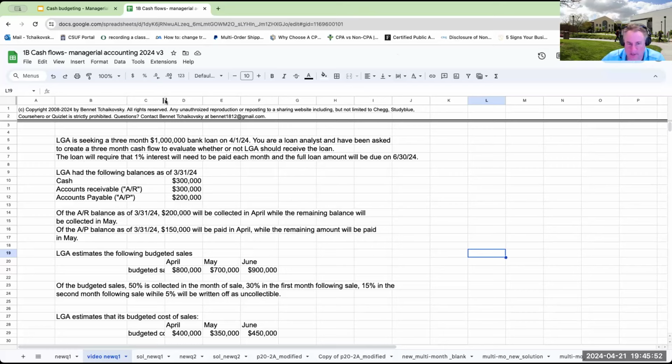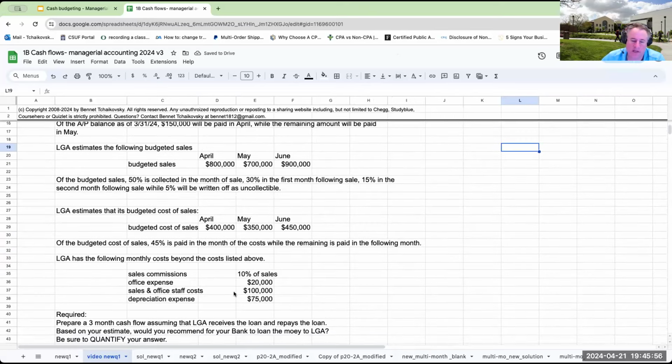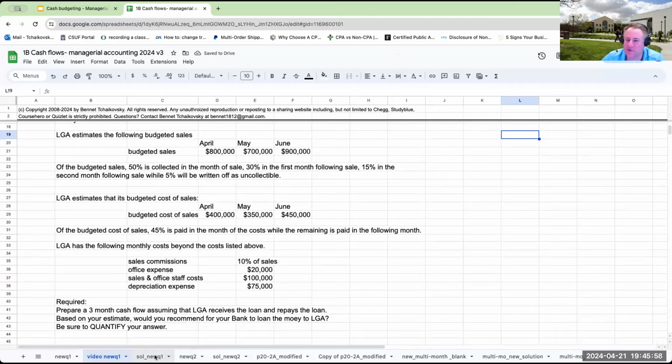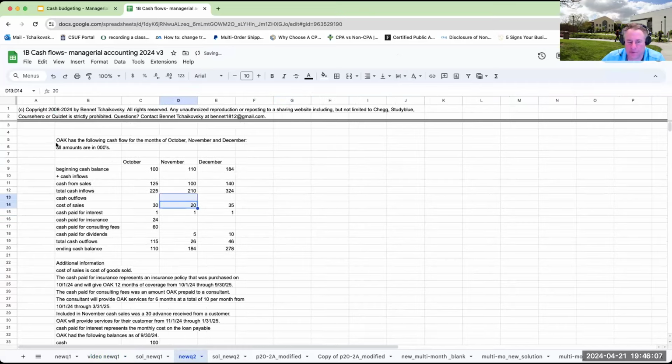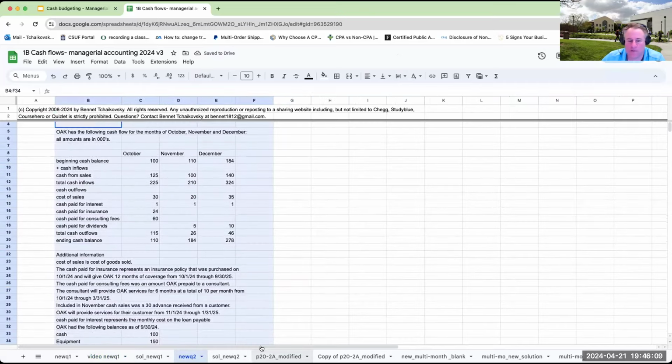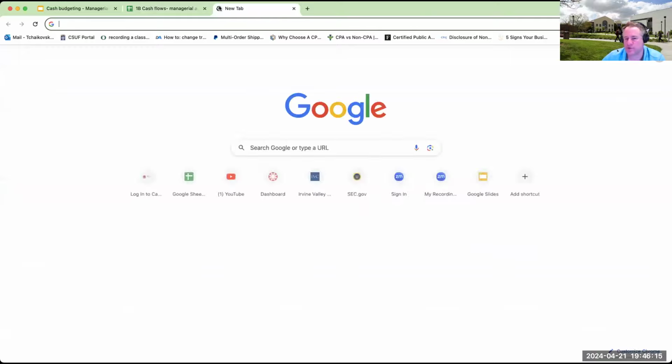So if you're taking my accounting 1B or 1B honors course this spring 24 semester or in the future, when you look at how a cash flow really works, we're not talking about a cash flow in a traditional sense.